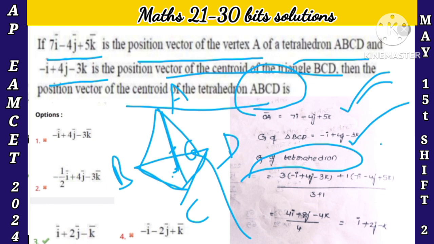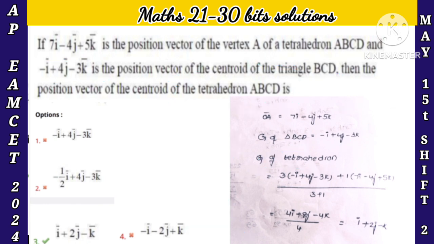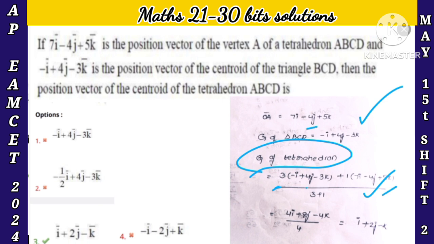Already we know that the line joining the vertex and the centroid of the opposite face is divided by the centroid of the tetrahedron in the ratio 3:1. The direct formula: the centroid of the tetrahedron divides the line segment AD in the ratio 3:1. That is (3 into centroid plus 1 into OA bar) by (3 plus 1).